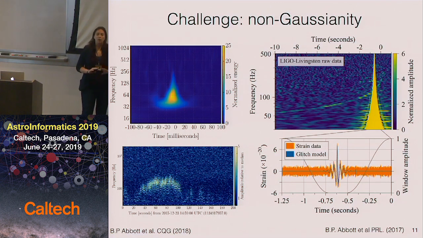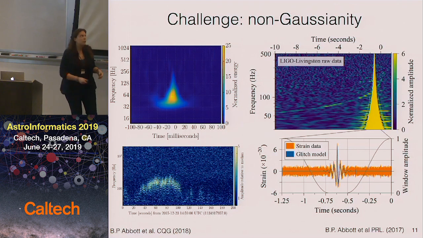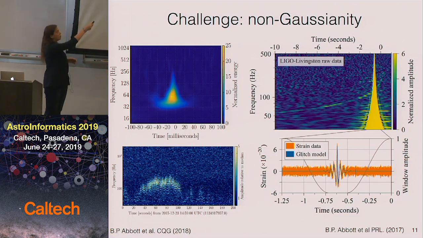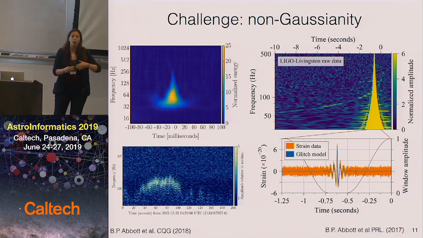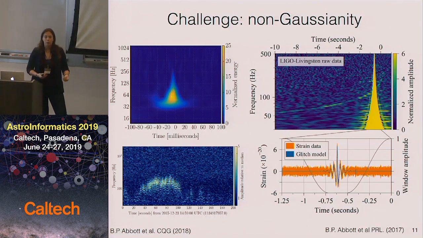But these affect very different regions of our template bank. Here we have contamination for short duration searches, and here we have contamination for long duration searches. This is pushing out the noise background that we're comparing our signal-to-noise ratio to, limiting the effective sensitivity of our searches.